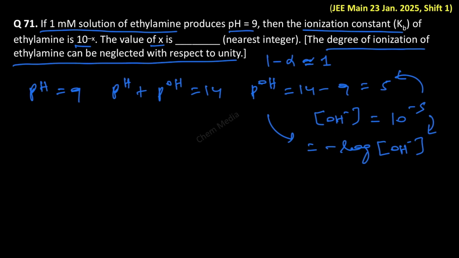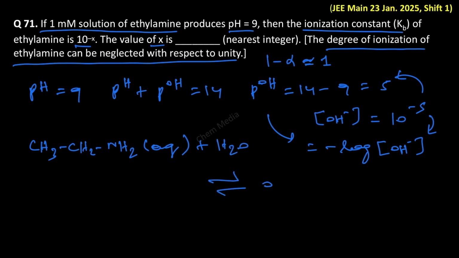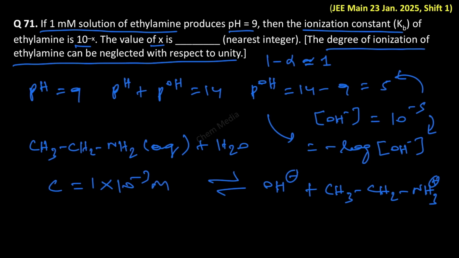Now, we have ethylamine which is a weak base, and in the aqueous medium it accepts a proton and gives us OH minus and ethyl ammonium ion. So, initial concentration that we have here is 1 times 10 to the power minus 3 molar because it is given in millimolar, and we will have nothing on the product side.